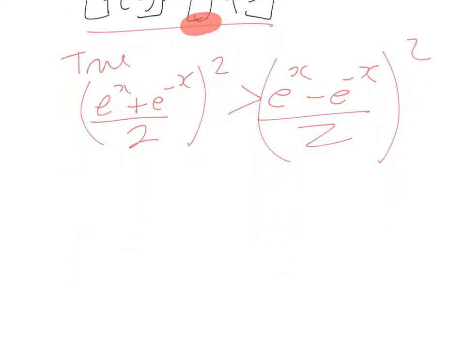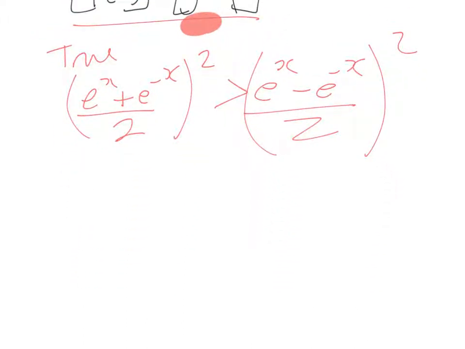If you want to convince yourself, you can always multiply that out and see that they are the same, except for on the left hand side you get e to the minus x, and on the right hand side you get minus e to the minus x, or 2. There are 2's there as well.